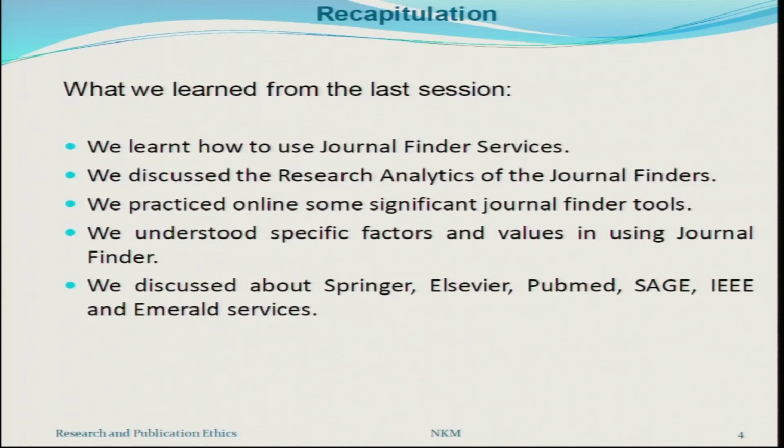We discussed some other journal finder services like IEEE and Emerald. In that discussion, I emphasized how demonstration-based learning can be really useful and significant these days, as most of the research work we collect from the online resources.